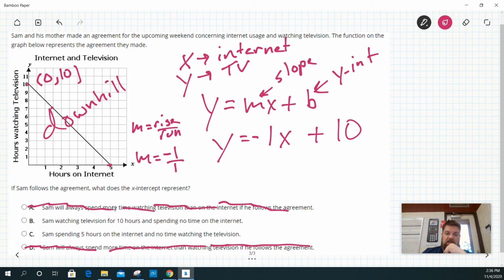So it says when he's watching 10 hours of TV that he has no time on the internet. That's technically true. And by the way, C is also true because when he spends 5 hours on the internet, he's spending 0 time on the television.